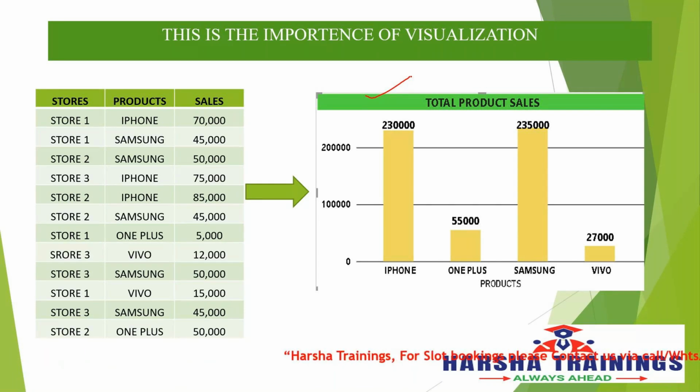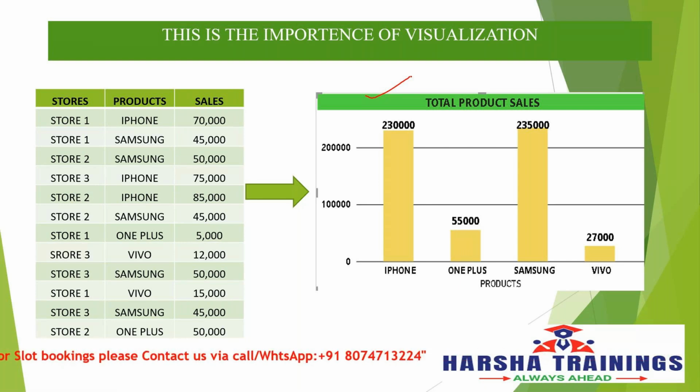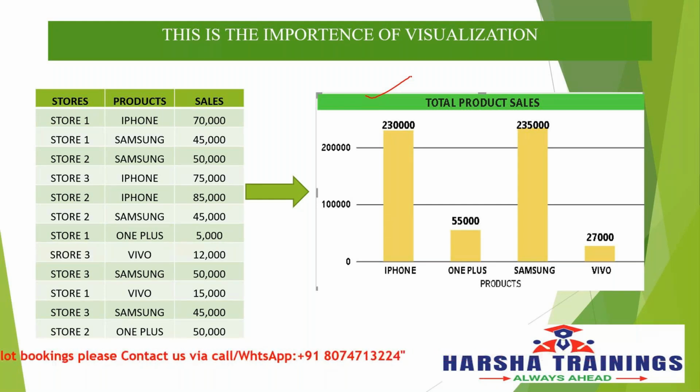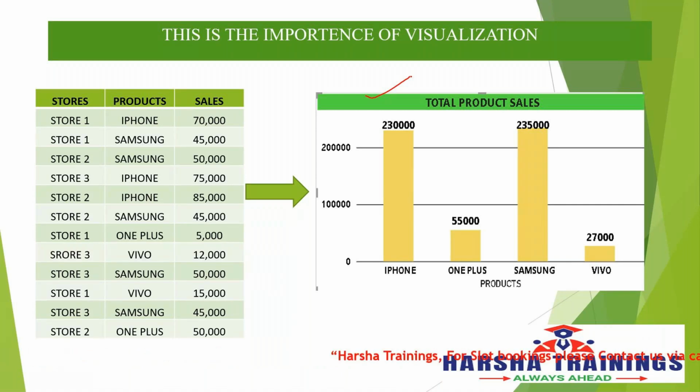Now we can see the maximum sales are from Samsung. Sorry, the second highest sales are from iPhone. Now we can make some decisions about the OnePlus and Vivo brands. So we are able to create a story with the help of a single visual.